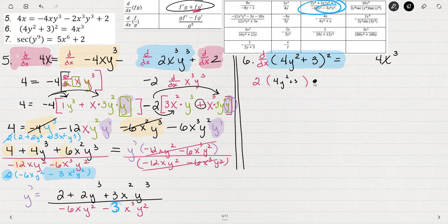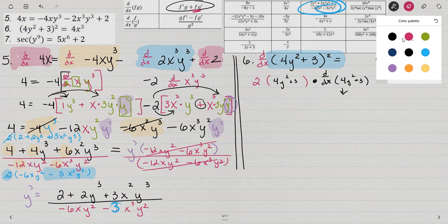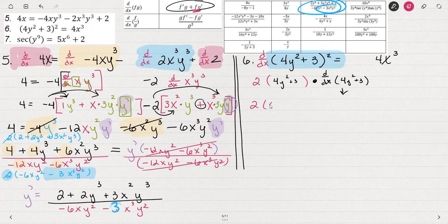And to chain, I'm going to then go back and say times the derivative with respect to x of 4y squared plus 3, which is 8y, and then the derivative of the 3 is 0, right?